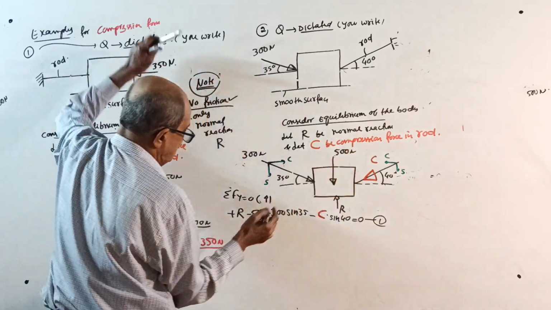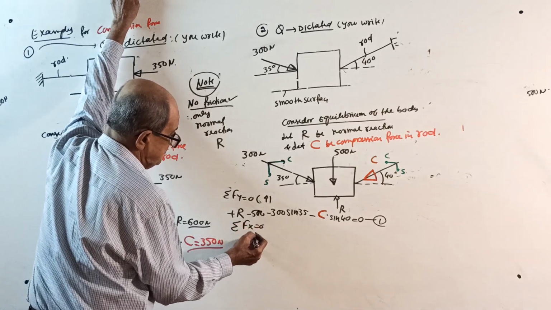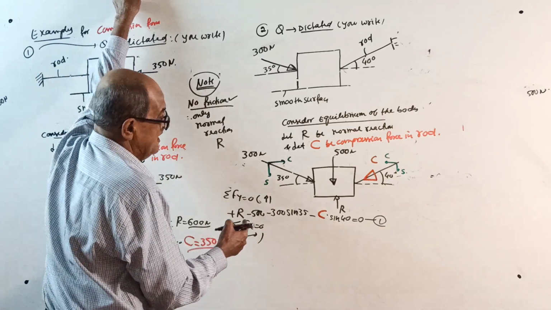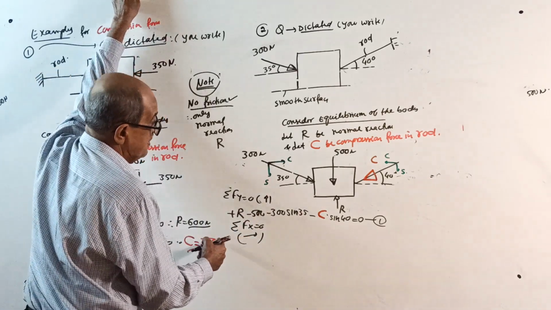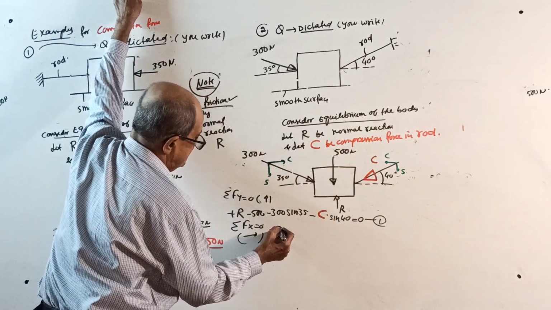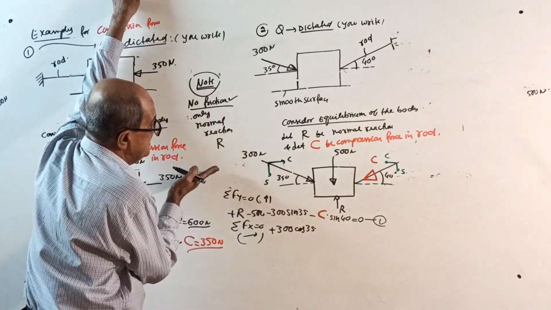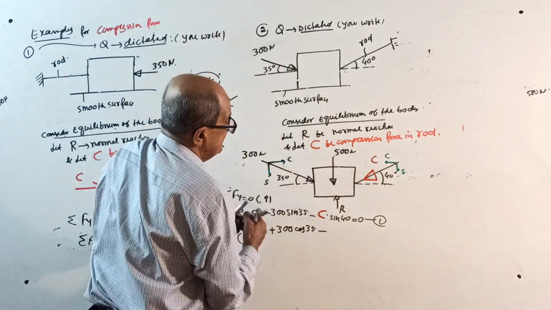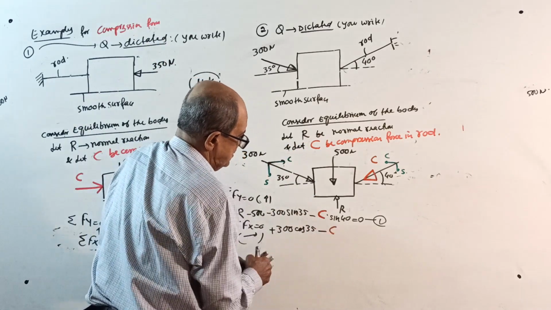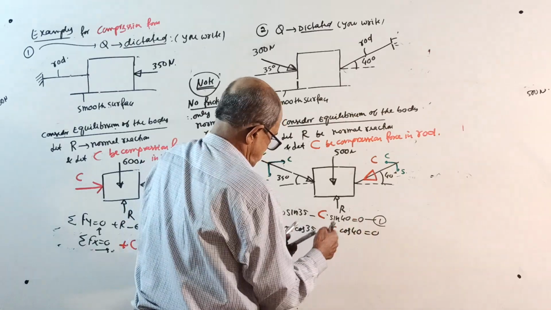This is equation 1. That is not required for us. Sigma Fx equals 0 will be required next time because friction will also be there, and then the normal reaction will be required. If you take right side positive, plus 300 cos 35 minus C cos 40 equal to 0.